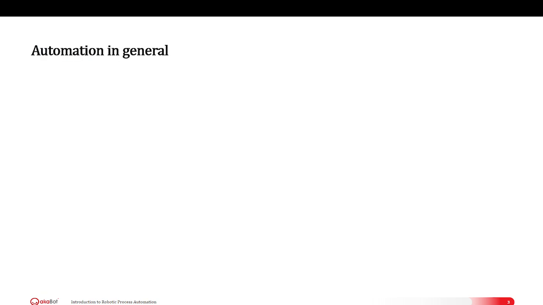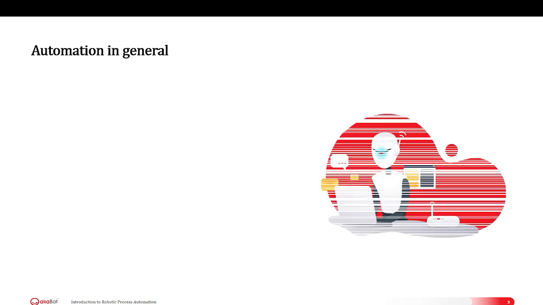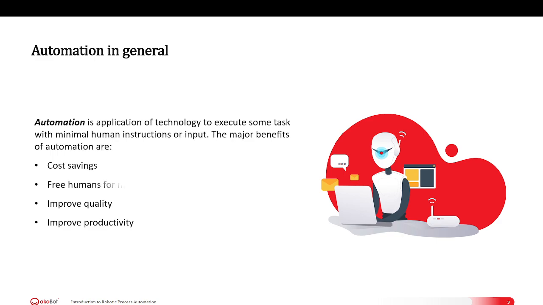So, automation in general. Look at the screen right now. A robot is working on your laptop. Automation is the application of technology to execute some tasks with minimal human interaction or input.